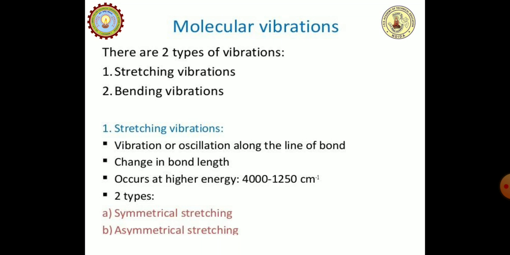When infrared radiation is passed through a sample of organic compound, some particular frequencies are absorbed by the molecule.